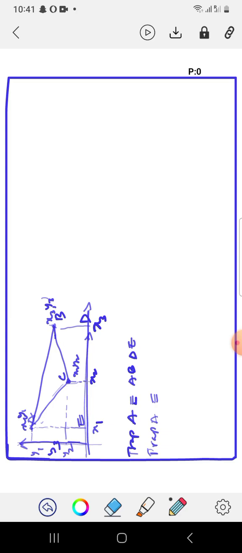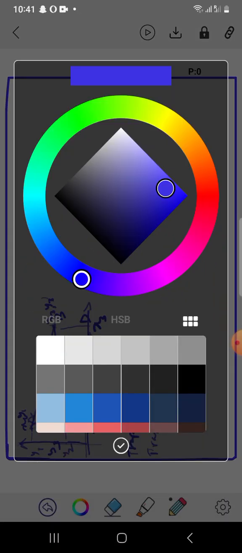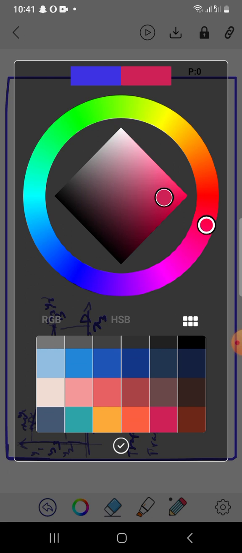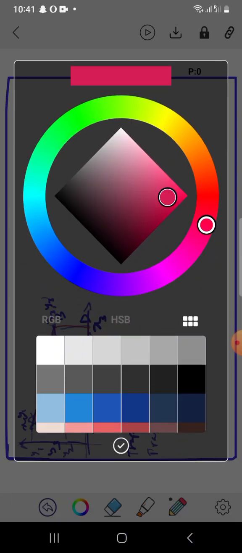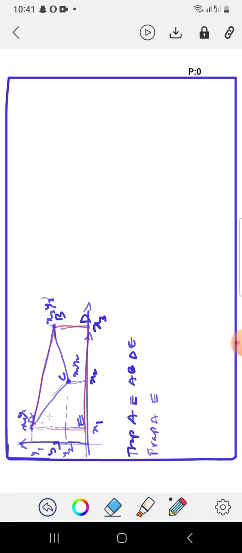Let me pick a red color. So we have discussed this one as the first trapezium. Now we are discussing the second trapezium. Let's pick a black to describe the second trapezium.